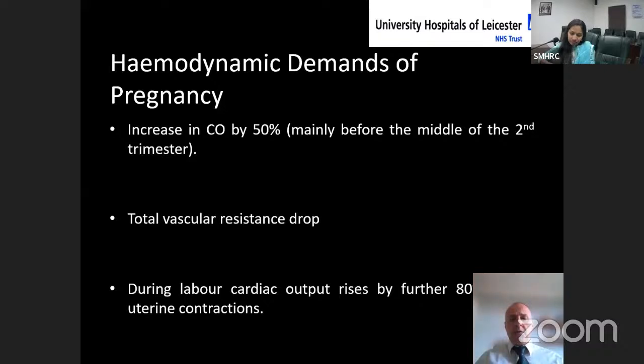This mismatch is secondary to the inability of the heart to adapt to the increased demands. It's what we call the fixed cardiac output system. It's crucial to understand these basic concepts in order to plan and oversee a safe delivery.